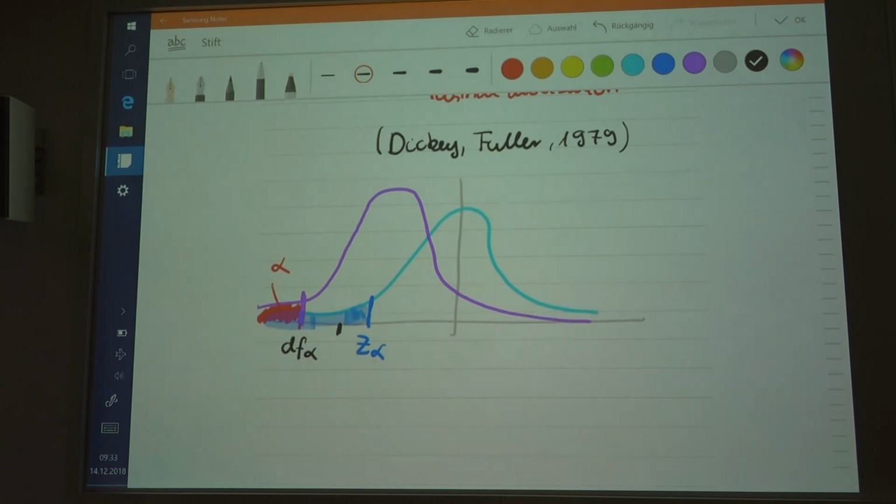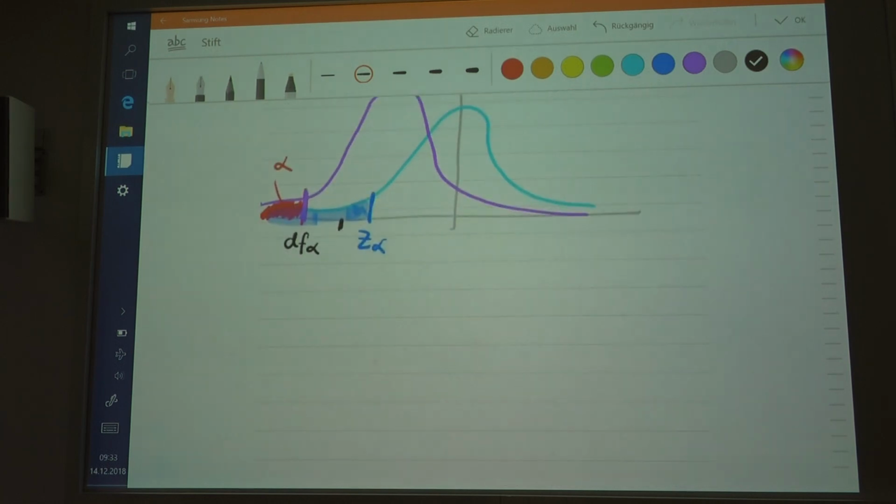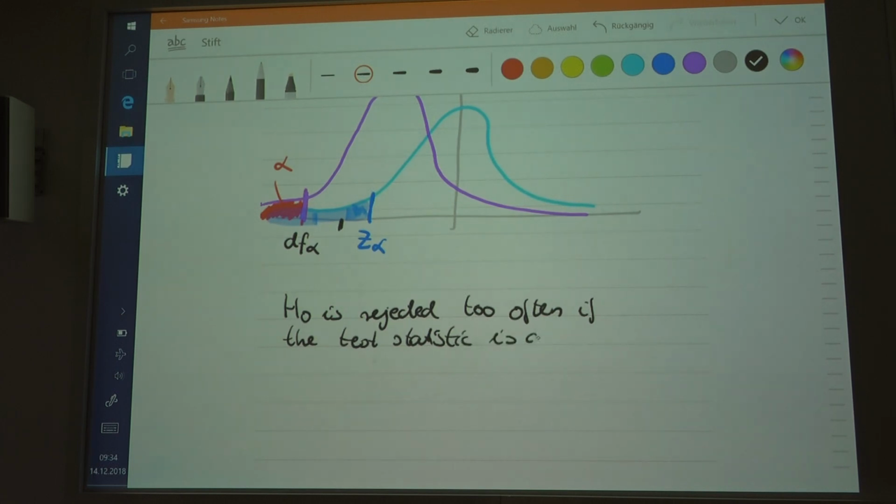So if the normal distribution is used for testing unit roots, the null hypothesis is rejected too often, if the test statistic is assumed to be normal.